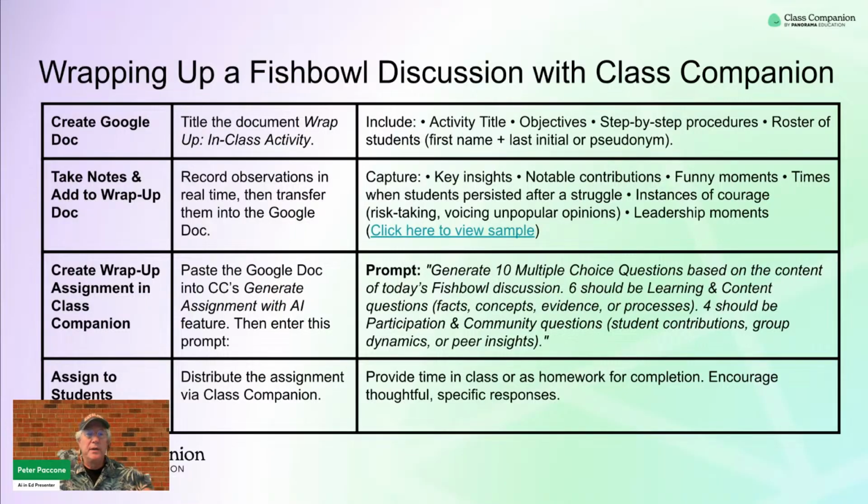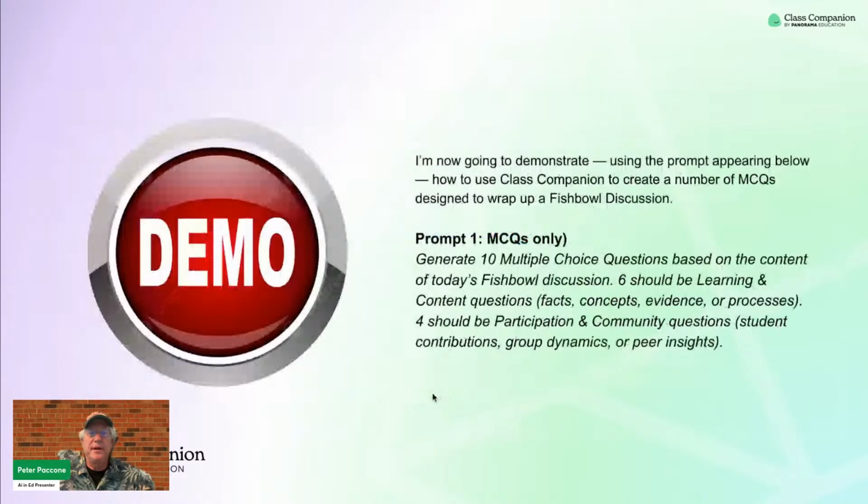Here we are with the first 3 steps: the Google Doc, the taking of the notes, the plugging of the wrap-up doc into Class Companion, and then adding the prompt. What do you want to have happen? And then assigning to the students, distributing, and watching what happens.